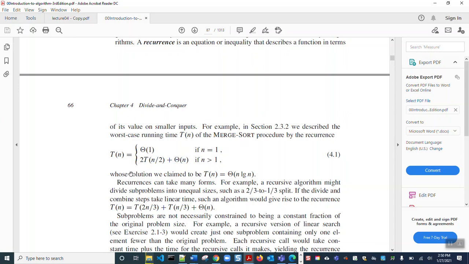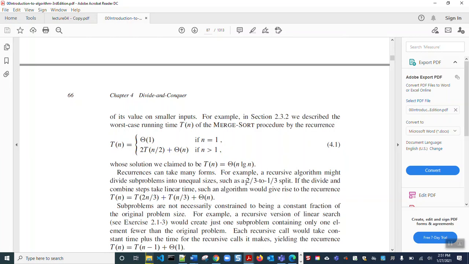Finally we saw that the running time is theta of n log n. We draw a rectangle, right? One side n, and the depth or height as log n.